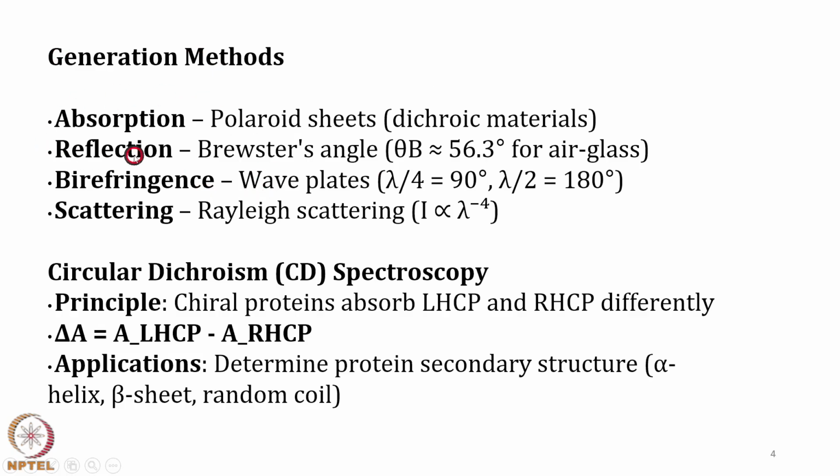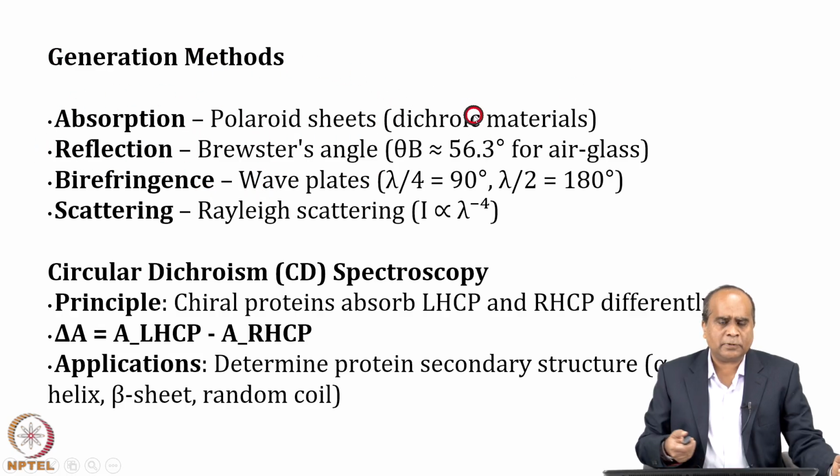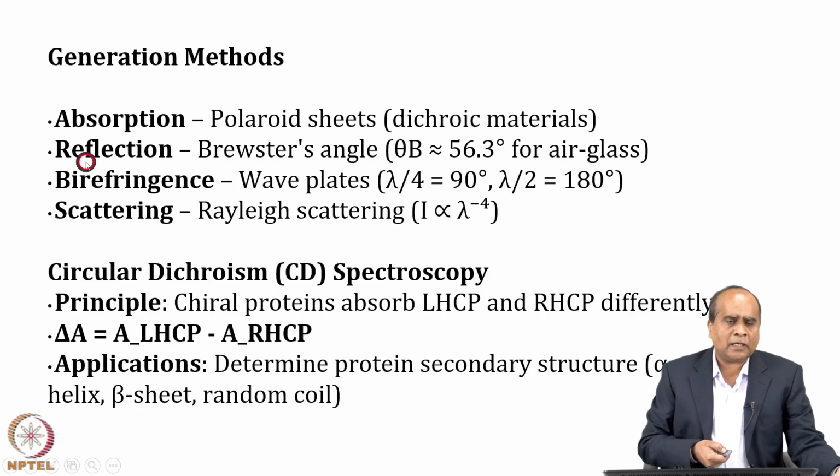In absorption we have seen the polarization sheet, the dichroic material that we put in and the light gets polarized, as in UV visible as well as fluorescence. We have also talked earlier about reflection that follows the Brewster angle, theta b about 56.3 degrees for glass, where reflection is happening, right.